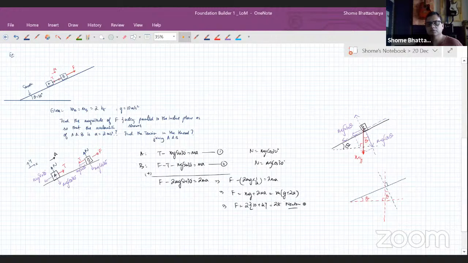Right, now coming back to this, we have found out the force. Now the tension from equation 1, you can see, tension will become mg sine 30 plus ma.